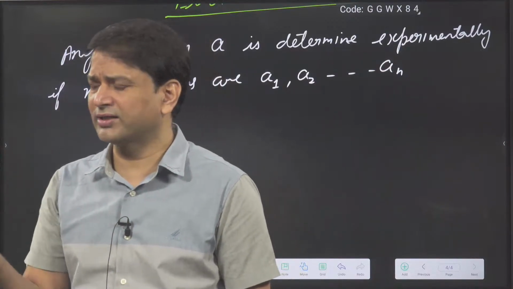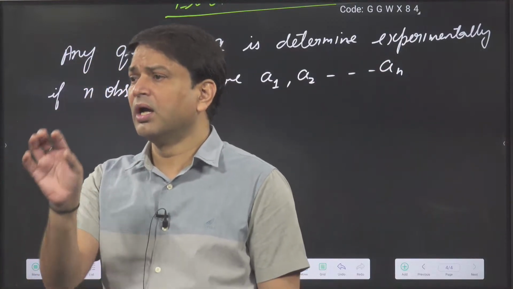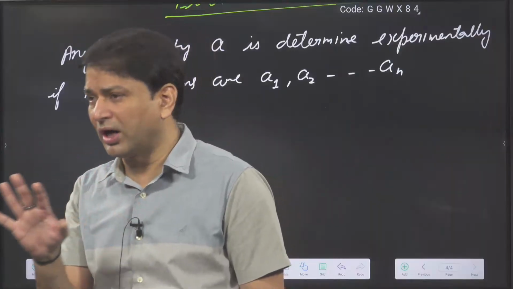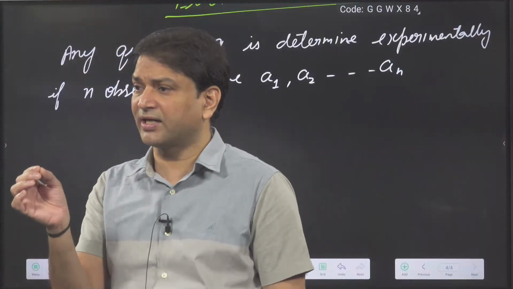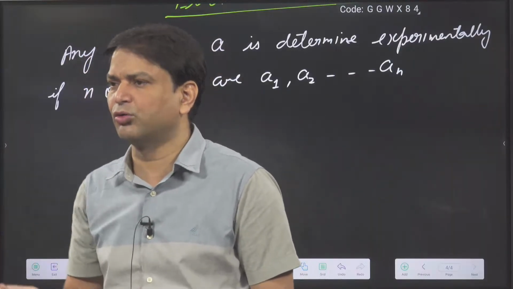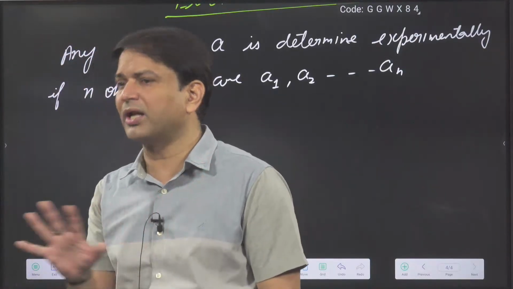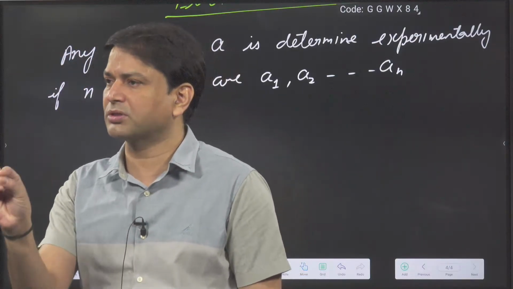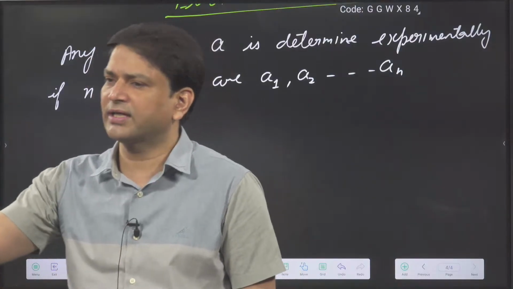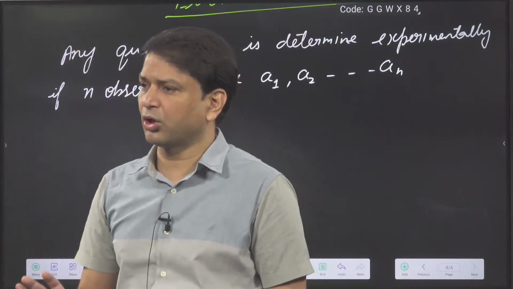So to calculate the error, what we can do is take the average, the mean of all observations. It will be closer to the best possible value of the quantity. So the mean of all observations will be the best possible value of the quantity, or we can take it as the true value of the quantity.